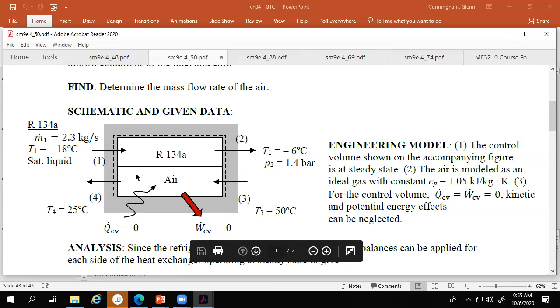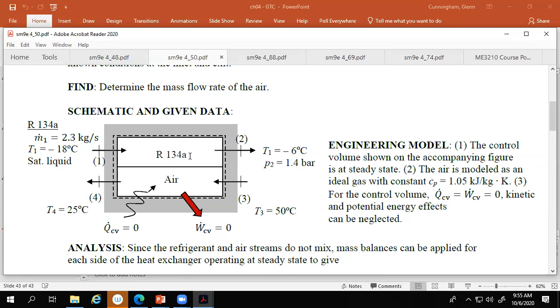It would be possible, perhaps, depending on the amount of information that you have and what's given, to make just the 134A a control volume. If you made just 134A a control volume, then you would have a heat transfer term because you're cooling down the air. So energy from the air is coming across this metal divide that divides the two fluids, and that would be a heat transfer term.